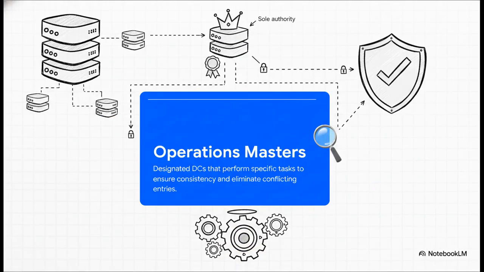And the solution to this is a special set of rules called operations masters. You might also hear them called FSMO roles. These are highly specialized domain controllers that are given the sole authority over very specific, very sensitive tasks. So for certain critical operations, only one server in the entire network gets to make the final call. That way, you never, ever get conflicting changes.